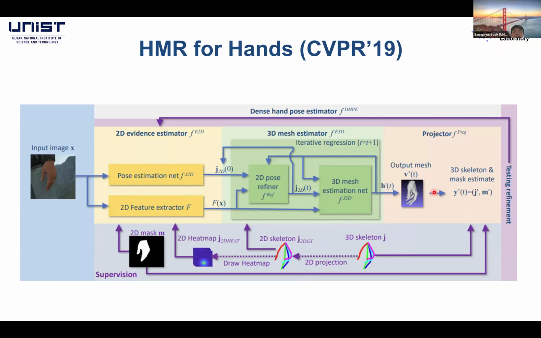They are estimating SRT, which is the scale, rotation, and translation parameters, and theta and beta, which are the shape and pose parameters of the MANO, and make this MANO mesh intermediately and map it to the skeleton, project it to the 2D space, multiply scale and translate it, and compare with the ground truth 2D skeletons. And by doing that, we can train these earlier networks that estimate SRT and theta and beta. Okay, are you guys understanding this?